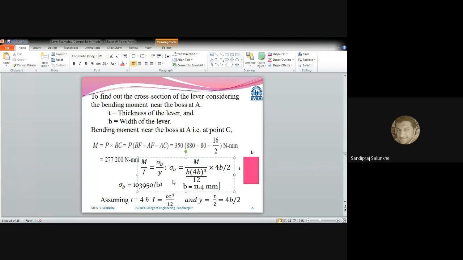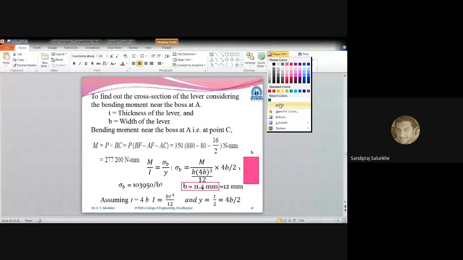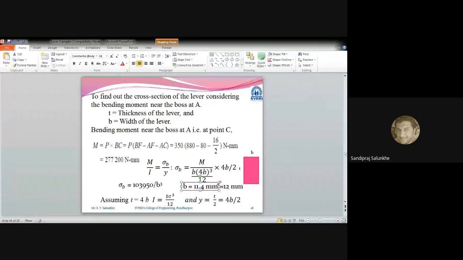We can approximate it to 12 millimeter. Right? So the value of b you have got is 12 millimeter, approximated to 12 millimeter.